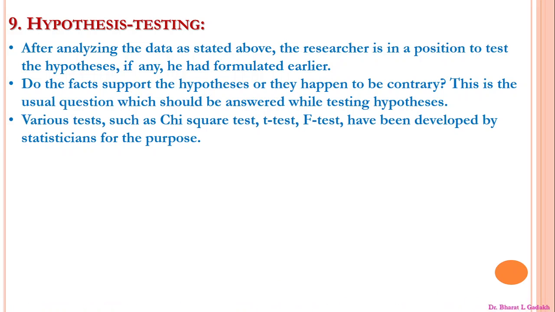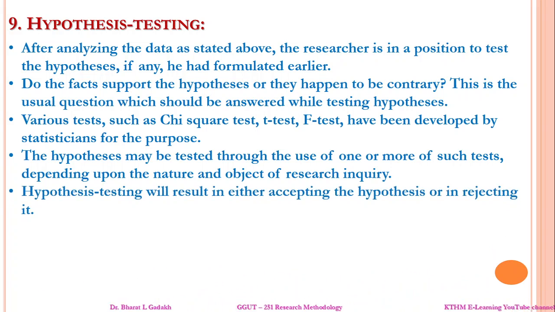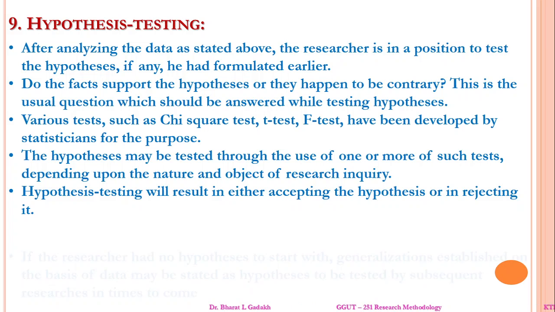Various tests such as the chi-square test, t-test, and F-test have been developed by statisticians for this purpose. The hypothesis may be tested through the use of one or more such tests, depending upon the nature and object of the research inquiry. Hypothesis testing will result in either accepting the hypothesis or rejecting it.